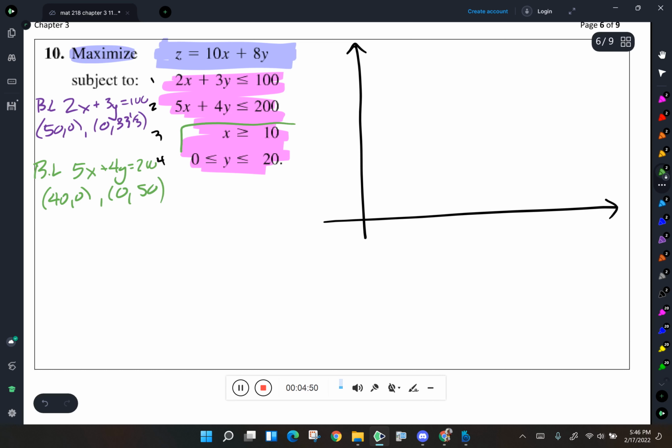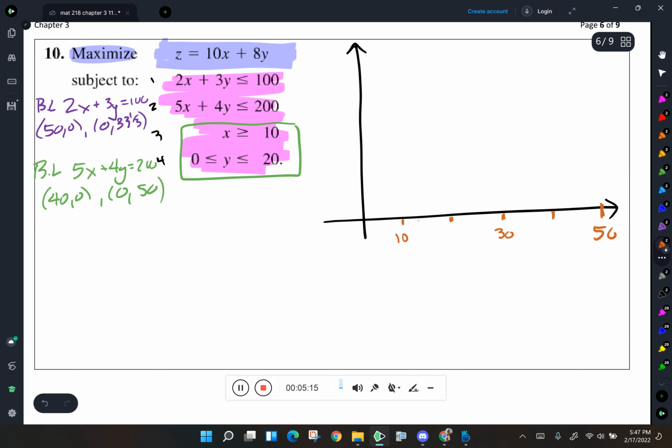Now, these are kind of like the non-negative conditions, so I'm not going to worry about boundary lines for those. I'm just going to worry about the other boundary lines. So it looks like my x-axis needs to go out to 50. And let's say about 10 there, 20, 30, 40.